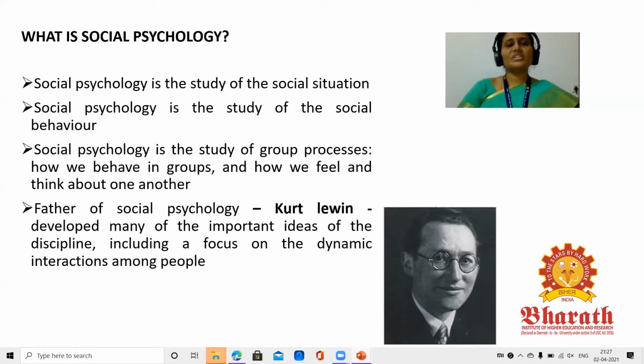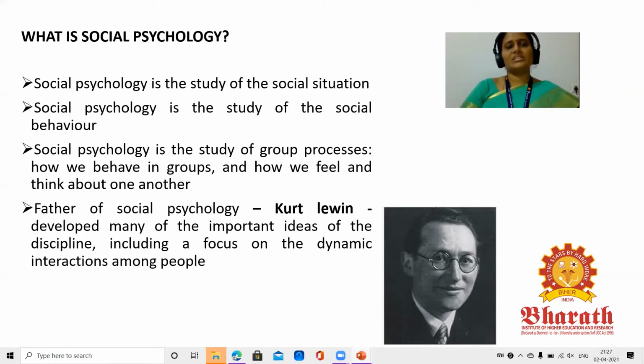Social psychology is a study of social situations. It is a study of social behavior. It is also the study of group processes, how we behave in groups and how we feel and think about one another.